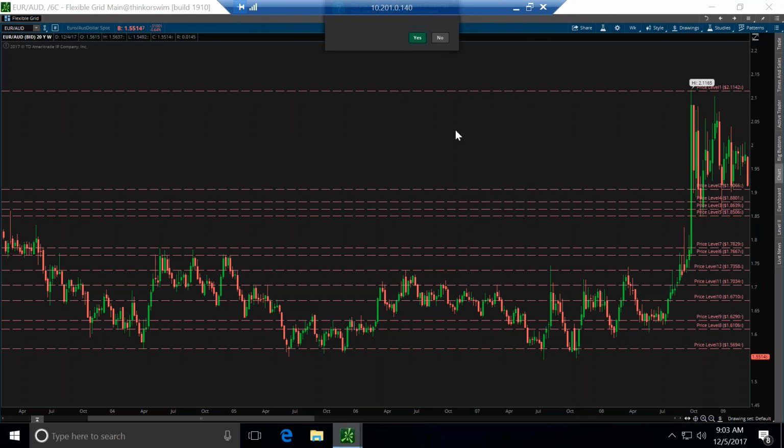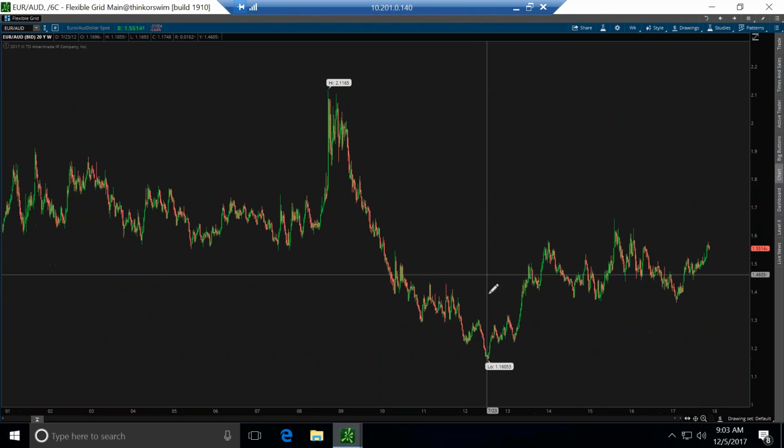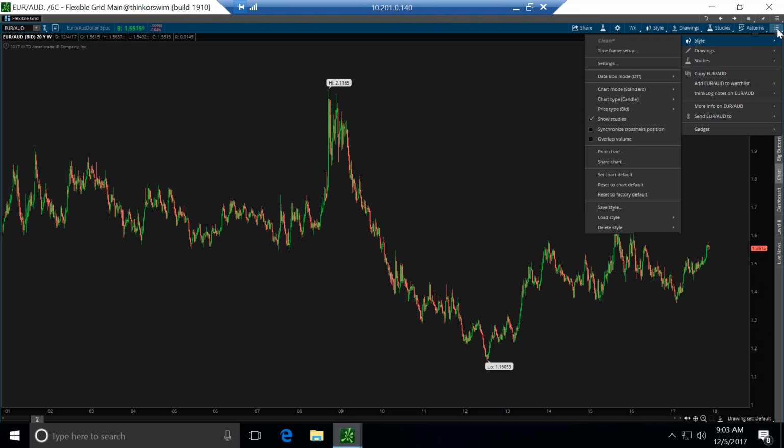Now, trading just support and resistance works great for a bigger time frame on swing trading forex, and it also works great for intraday stuff on the indices.